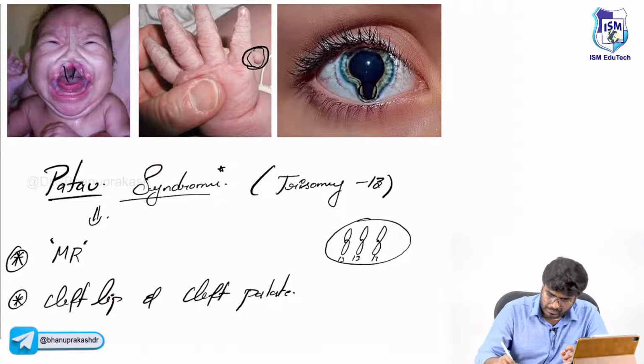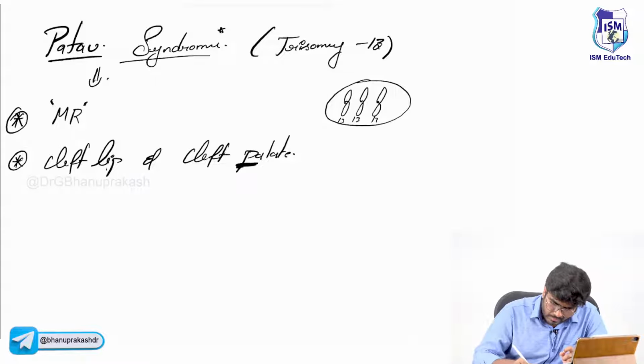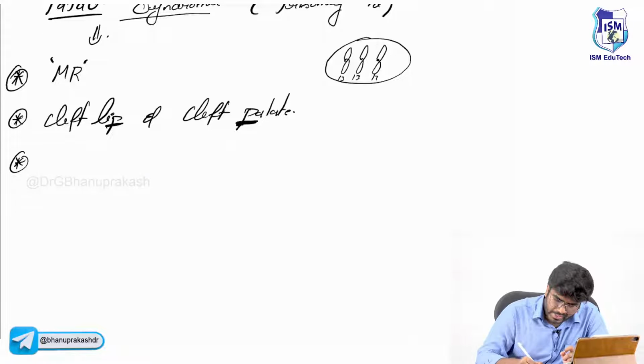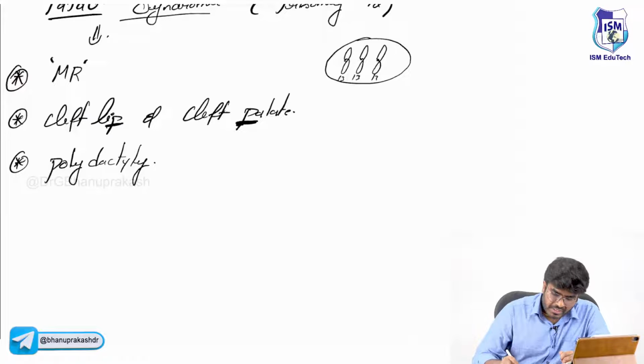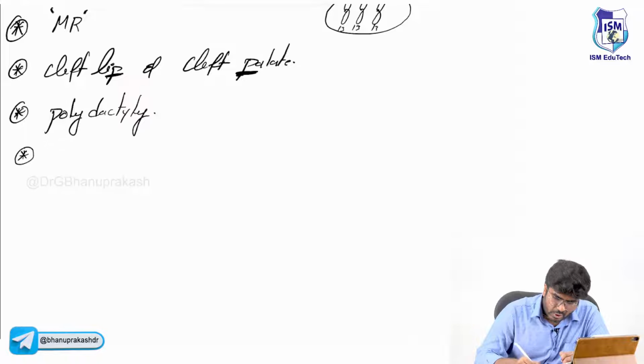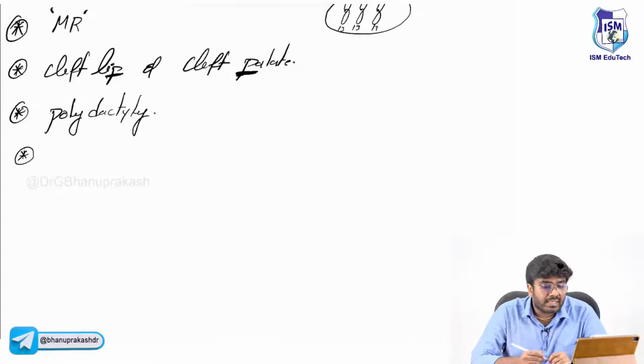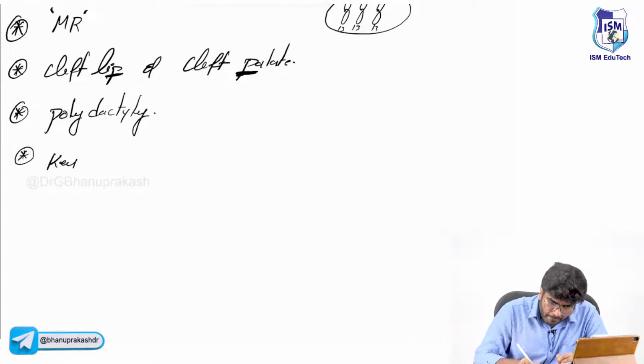See here, one more P, that is polydactyly, extra fingers, is going to be seen. Now, these patients are going to have a hole in the iris that is called keyhole coloboma.